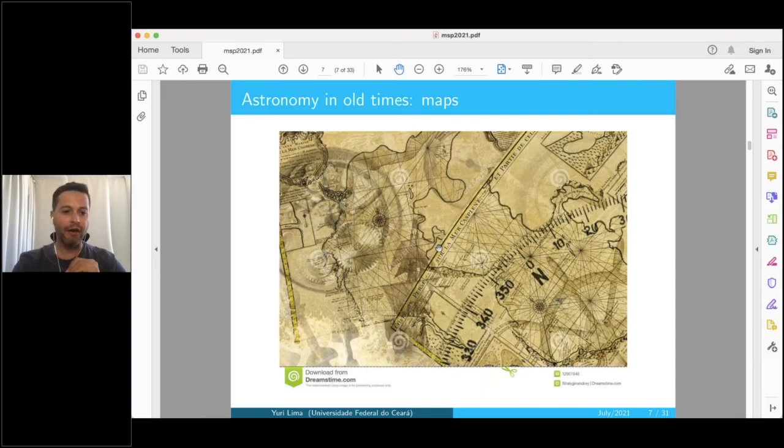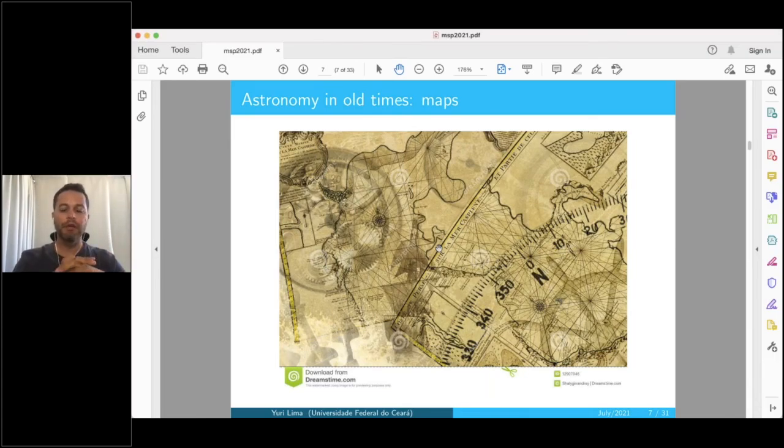Okay, so the improvement of maps was also possible as you got a better understanding of the positions of the stars, and the more accurately you understood the position of the stars, the more accurate maps you could make, and the more accurately you could go from one place to the other.